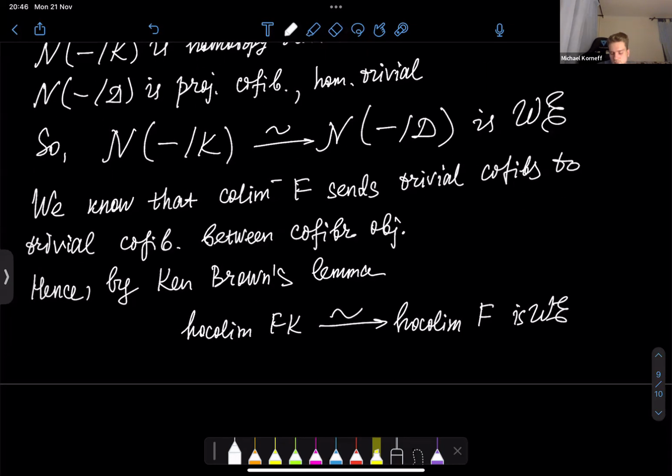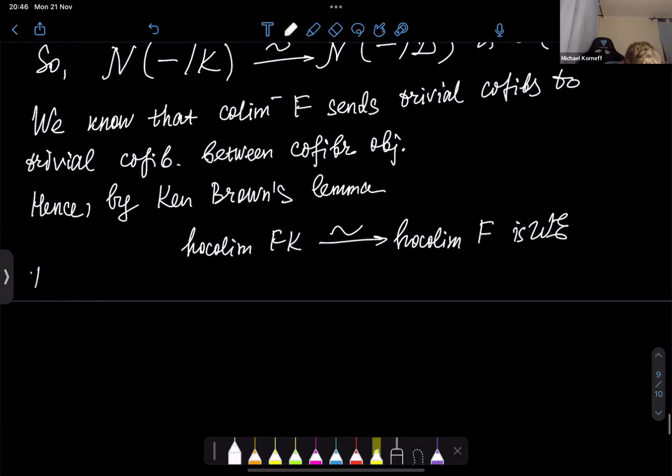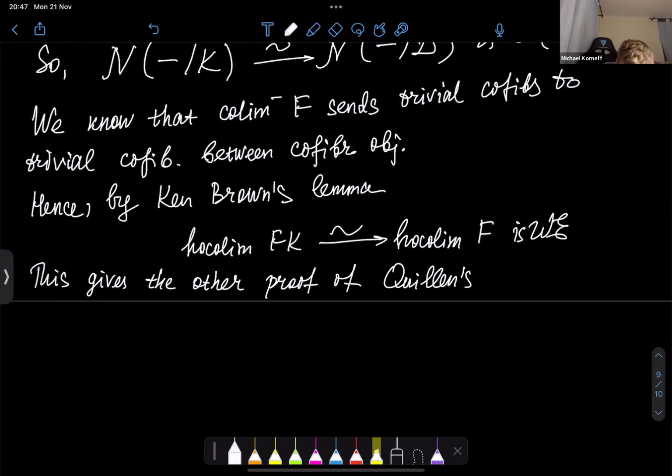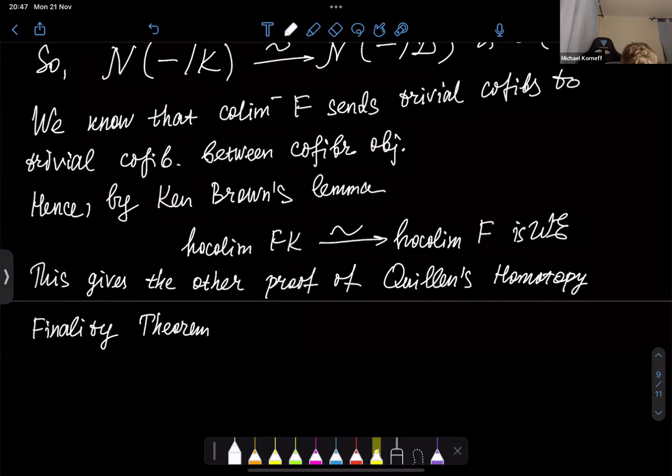So we have a proof of the homotopy finality theorem. This gives the proof of the equivalent homotopy finality theorem from the previous talk. Okay.